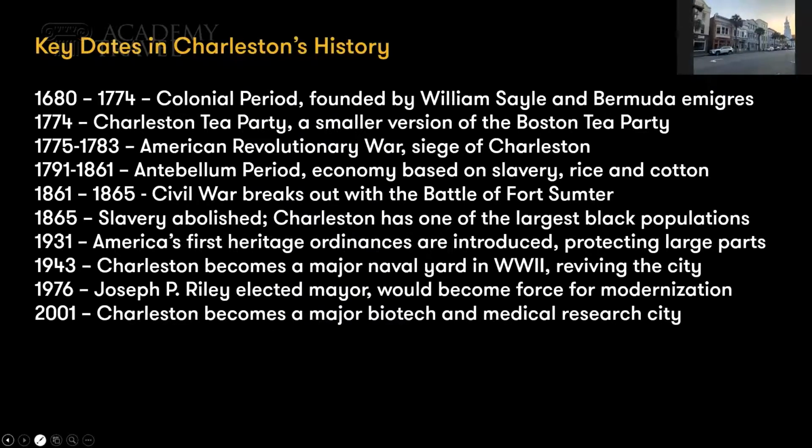And the city was a major trading port. It was founded on rivers for ease of access for trade. It was the southernmost English colony on the American coast until the state of Georgia was founded. So it was very important for trade with the West Indies. The original trading was primarily in deer skins from the local Indians.